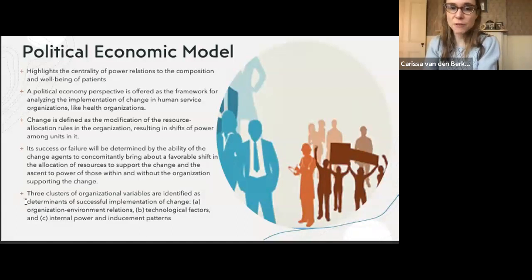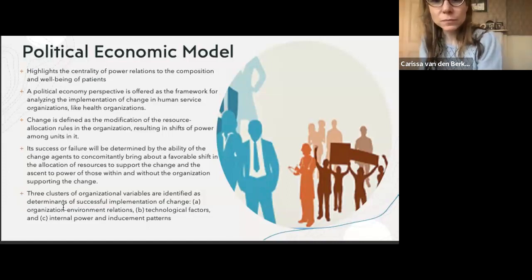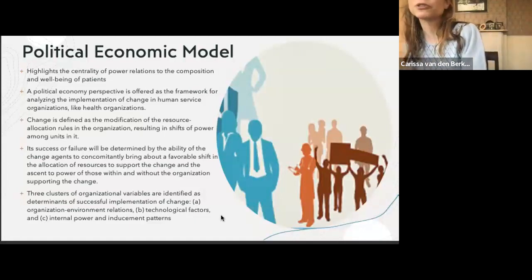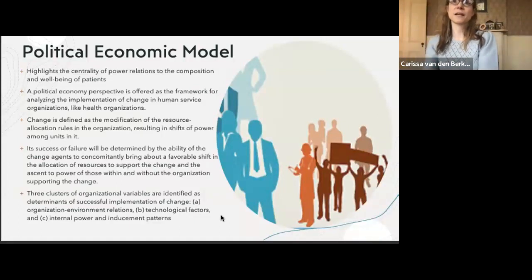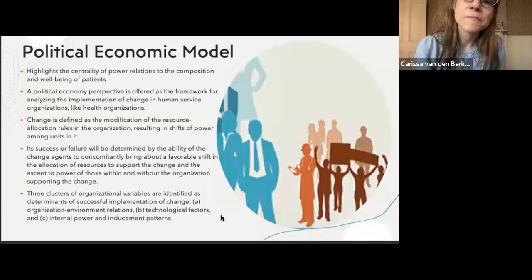There's a heavy focus on how an organization works with the surrounding environment. That means with other organizations: how it works with government, with businesses, with media, with schools. There's also technological factors, which also means specific things that people are trained on, like nursing technologies or procedures or protocols.